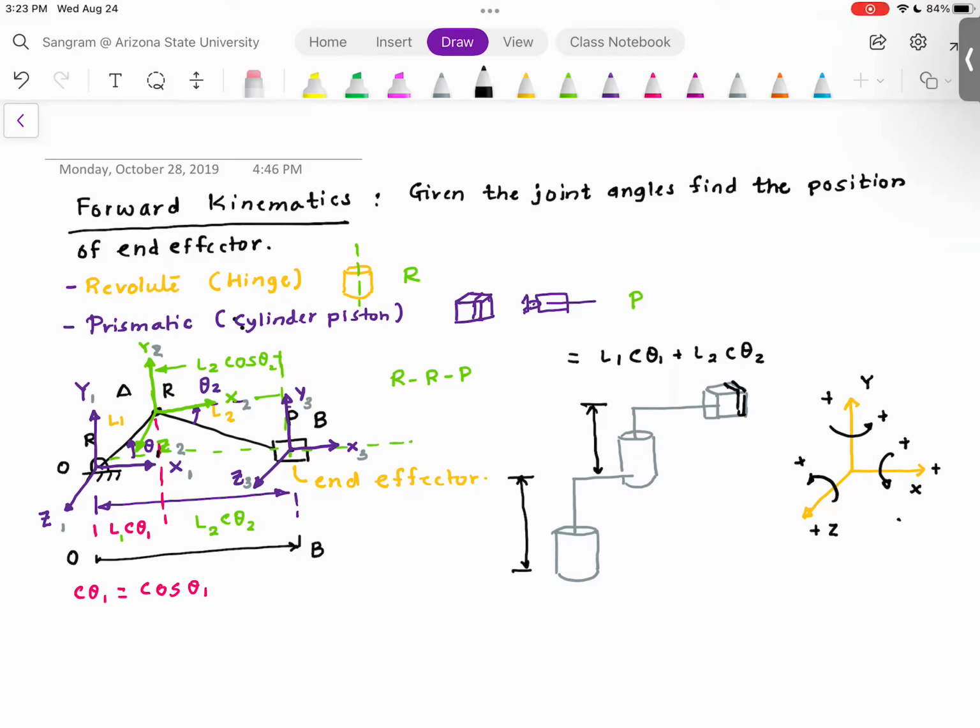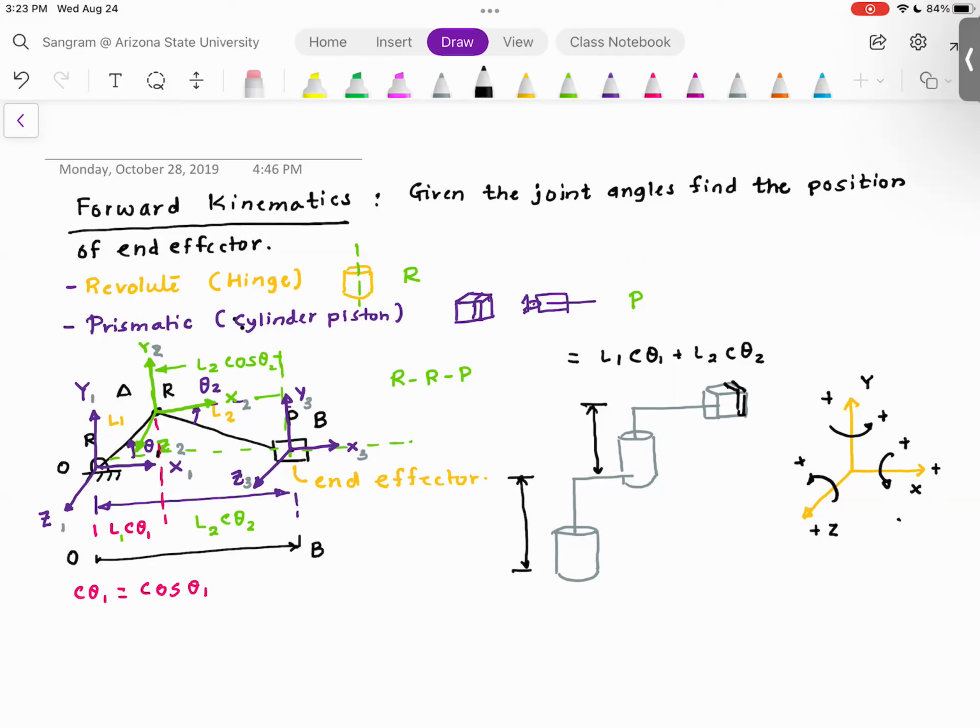Now, there is something that I really want to talk about. Whenever we are dealing with robot kinematics, the joint angles are never specified with respect to a reference frame. Joint angles are specified for their individual position.